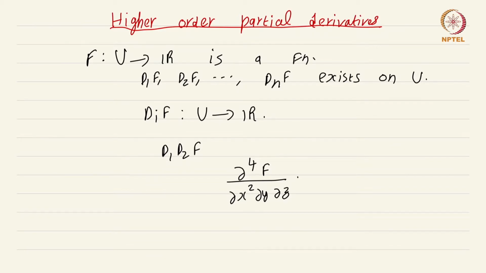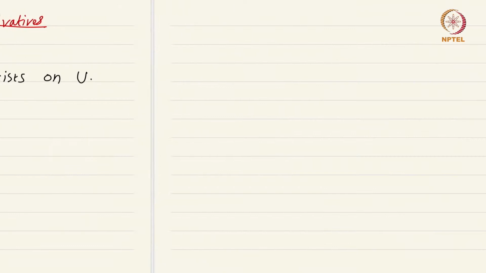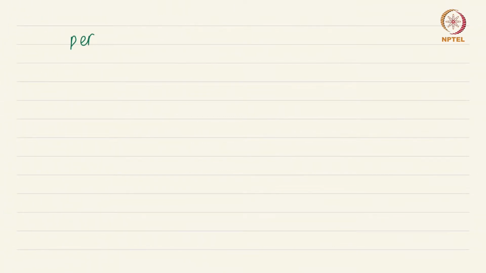So let me give the definition of multi-index notation. It's a bit involved and it takes a bit of getting used to, but once you get used to it, you will prefer this notation over the classical notation for partial derivatives.